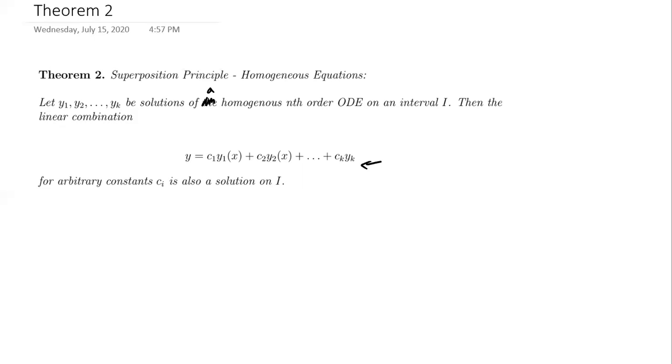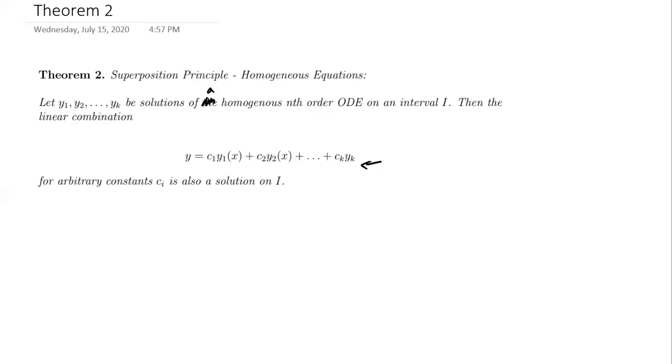So if y is a linear combination of y sub 1, y sub 2, up to y sub k, then y equals a sum of the functions with arbitrary constants in front, and it is also a solution on this interval I. There's no intuitive reason it works unless you think of the linear algebra behind it.